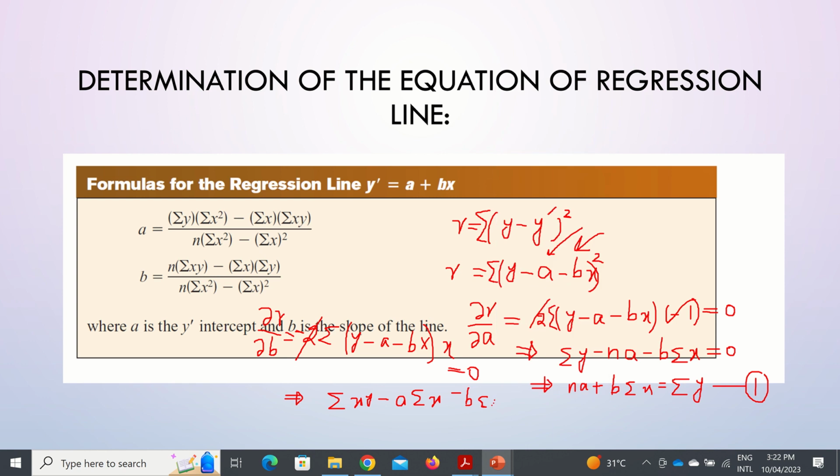Because you multiply x inside, so we get x square, and that is equal to 0, which will simply be arranged to have another equation here.